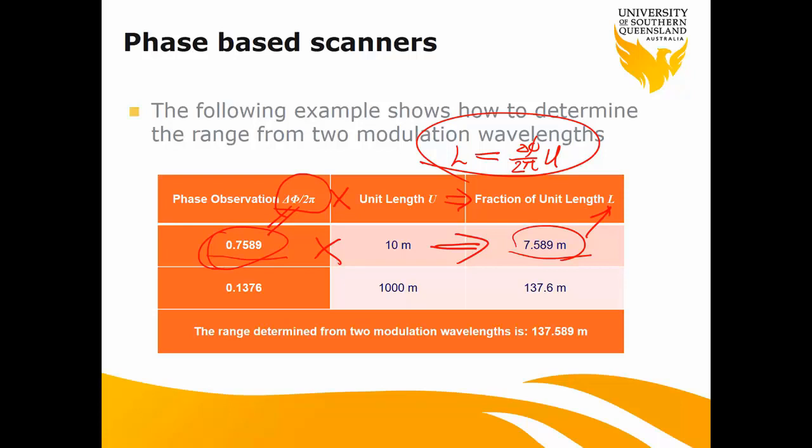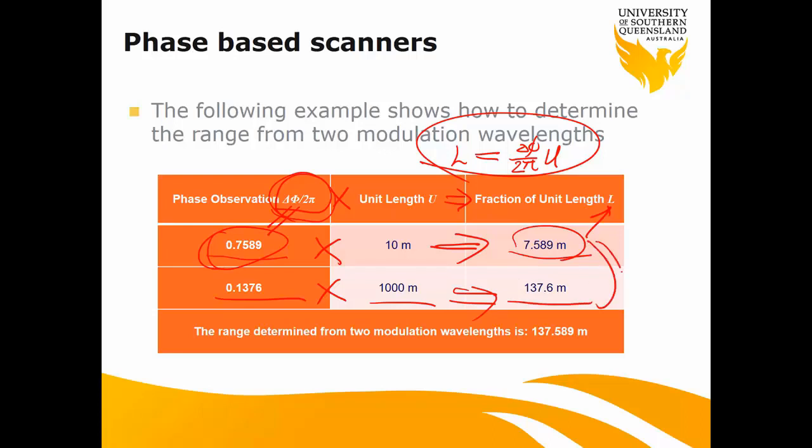Then we use the low frequency or longer wavelength to measure this phase frequency shift, and then multiply by the unit length. With the longer wavelength, we get the fraction of unit length.